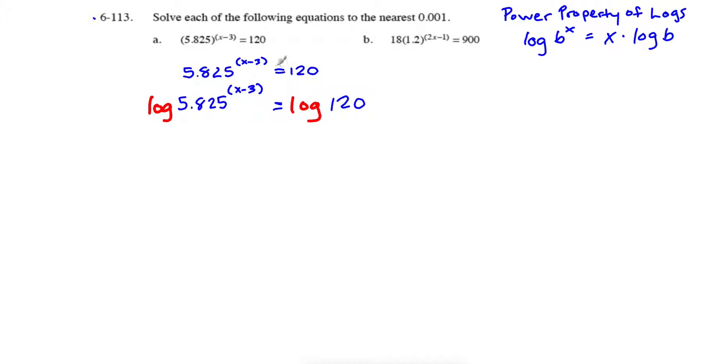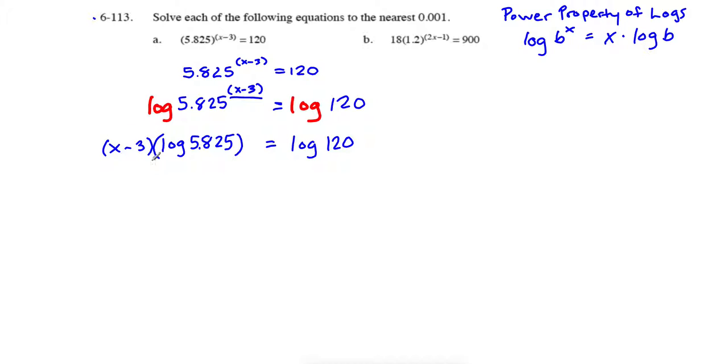Now this power property of log states that this exponent, x minus 3, we can now take and move out in front, and we actually have the quantity of x minus 3 times our log of 5 and 825 thousandths.